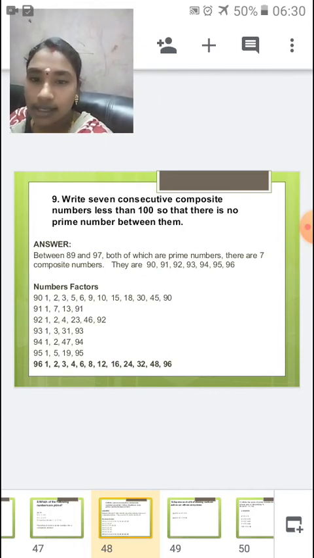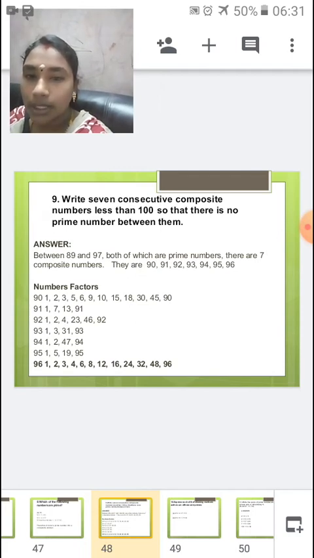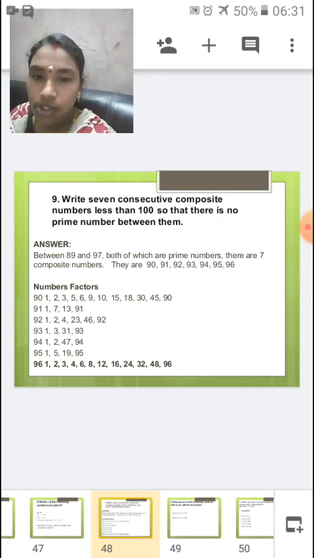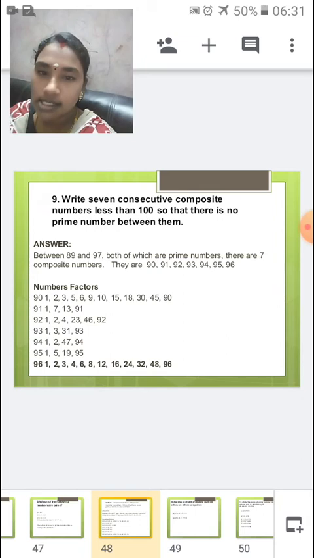Now between 87 and 97, both of which are prime numbers, there are 7 composite numbers. They are 90, 91, 92, 93, 94, 95 and 96.